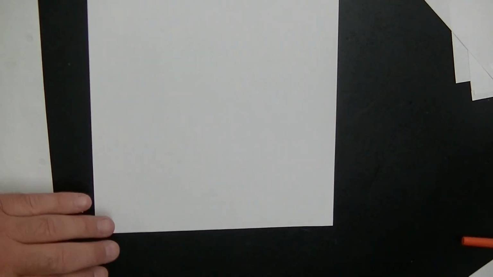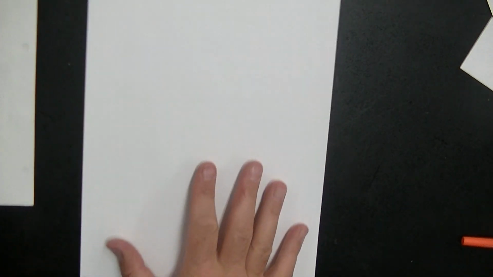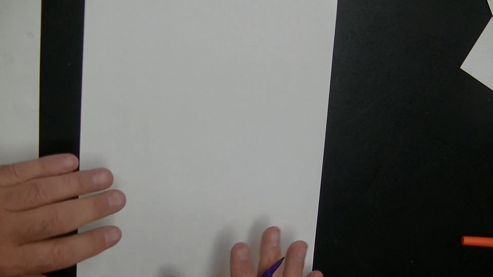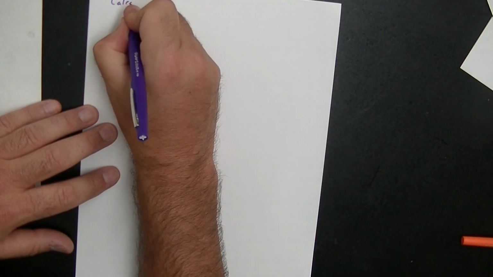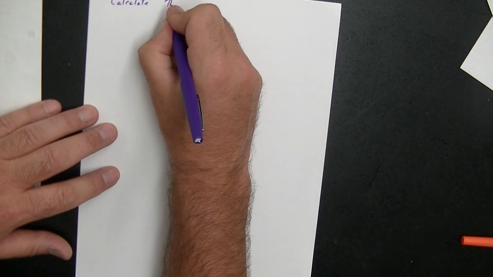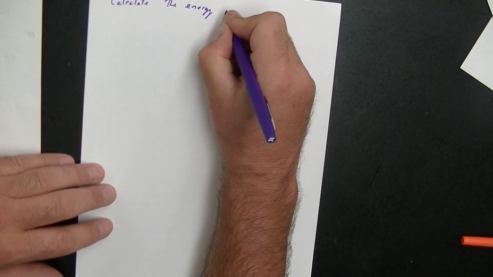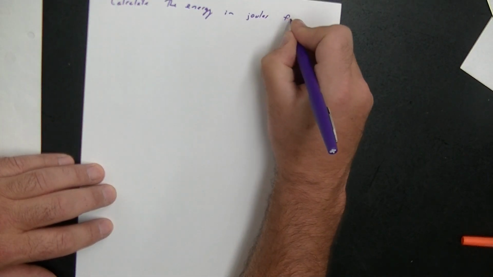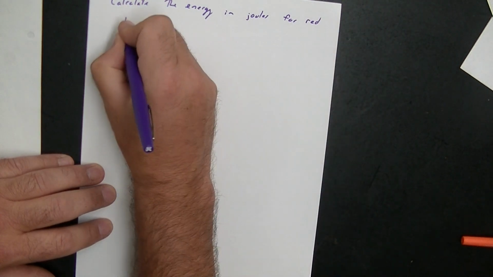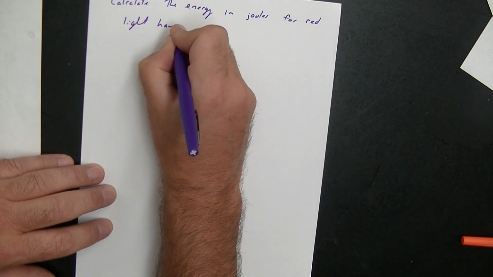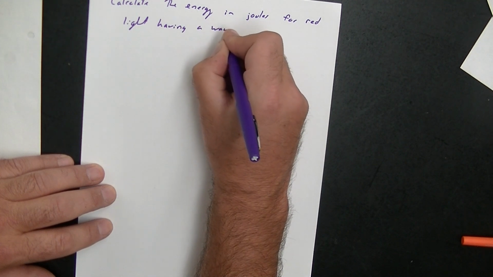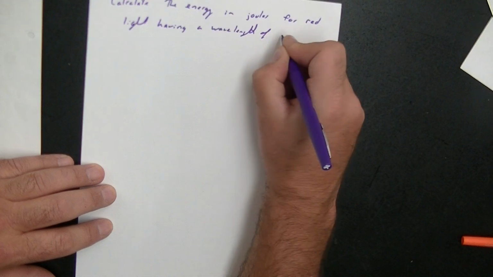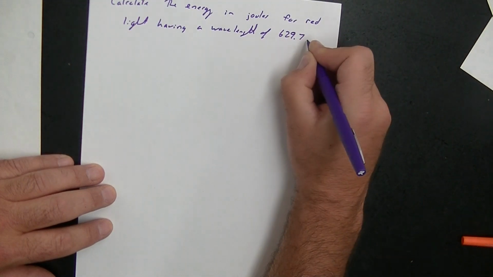All right, let's try some calculations. Calculate the energy in joules for red light having a wavelength of 629.7 nanometers.